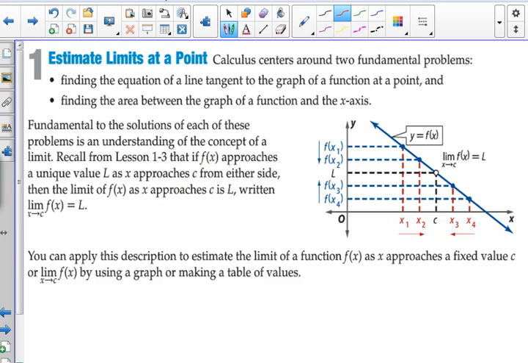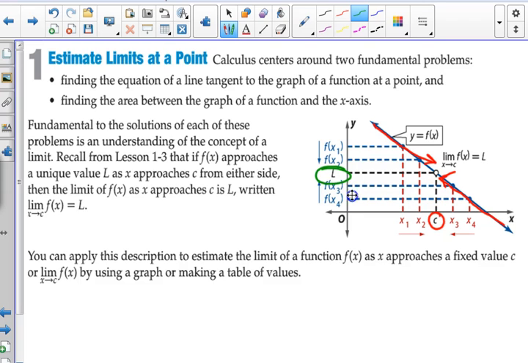The idea is that as you get closer and closer to a particular x value, say this one is c right here, as I go from the left and get closer or from the right and get closer, if I am getting closer and closer to the same value from the left and from the right, that y value that I'm getting closer and closer to is called the limit.